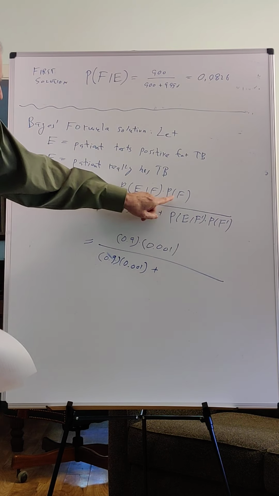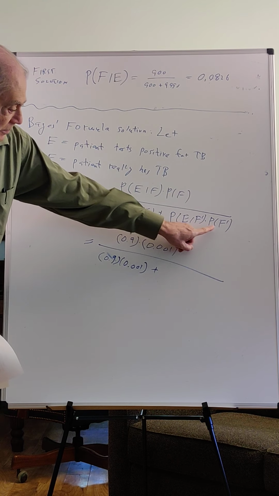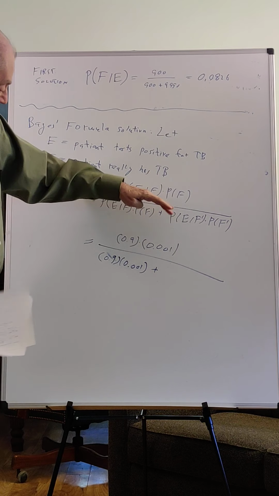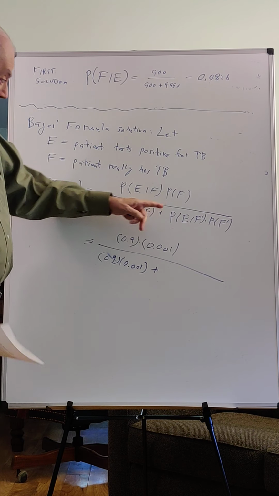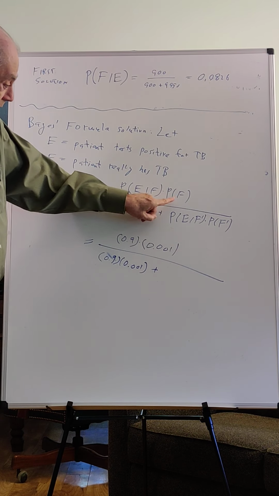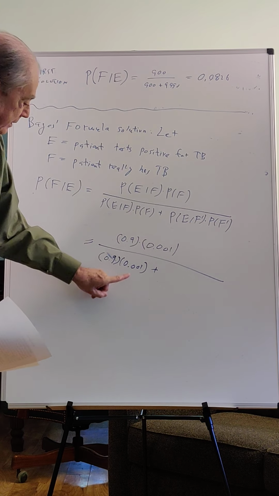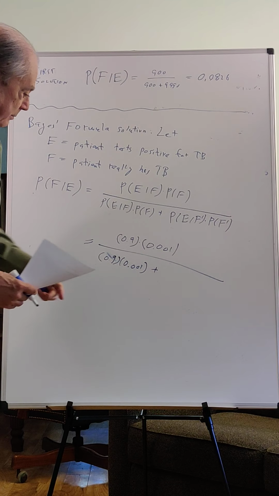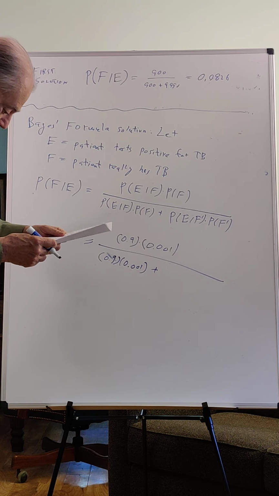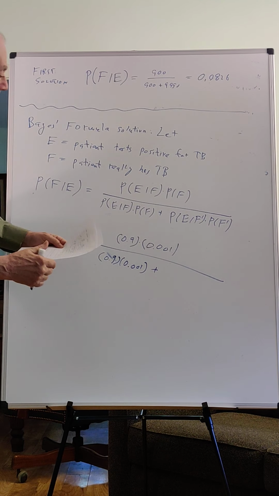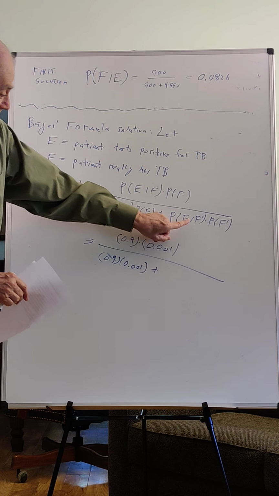Now, if you know the probability of an event, to get the probability of the complement, you subtract from 1. For instance, if the probability it's going to rain today is 20%, the probability it's not is 80%, 100 minus 20. So this is going to be 1 minus 0.001, so that'll be 0.999. What about this one? What's the probability of a false diagnosis?